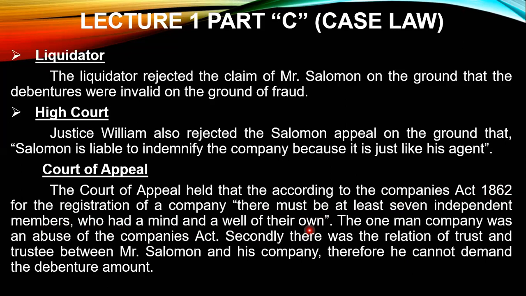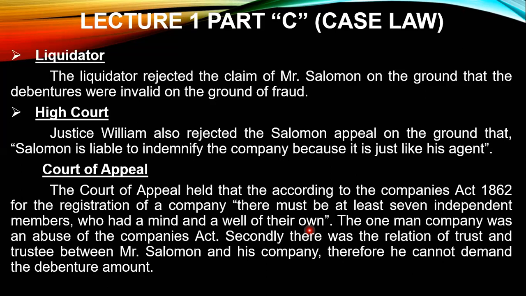So as the company is dominated by Mr. Solomon, having 20,001 shares while the other members have just 1 share each, this is a misuse or abuse of the Companies Act.